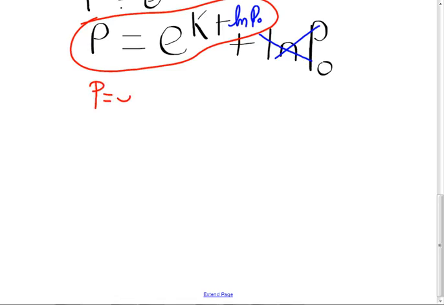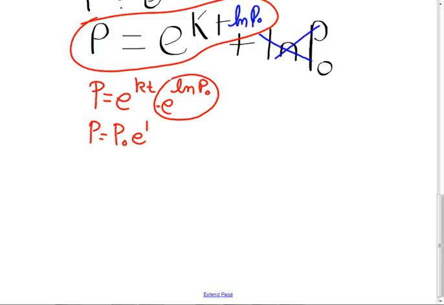P is equal to e to the kt times e to the log of P naught. What is this simplified to be? P naught. And there it is. That's PERT. You really should be able to recognize it now. You've seen it for a couple years within calculus, so you should be able to do that.